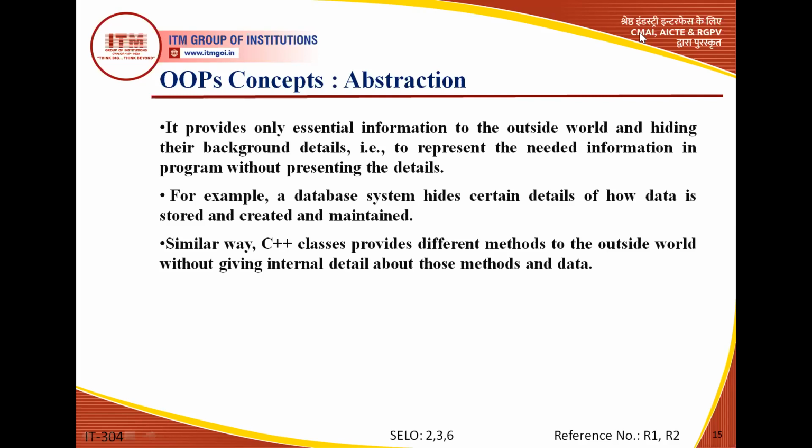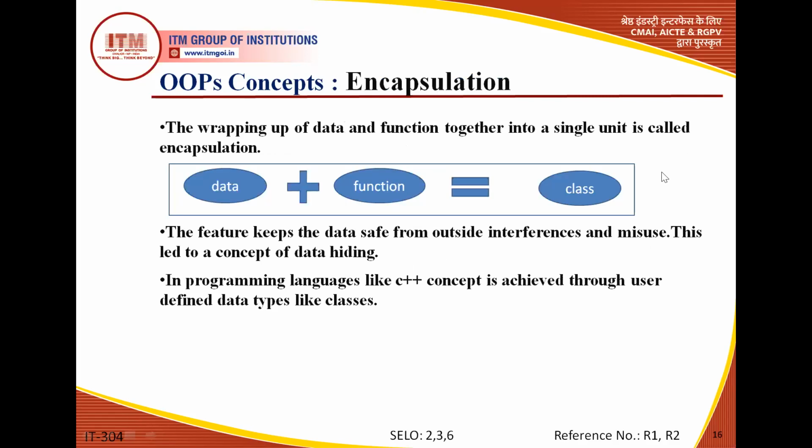Okay, so in C++, or in object-oriented programming, how are these things happening? They simply provide different methods to the outside world, rather than providing the data which they are hiding inside the classes. Okay, so this is the concept of OOP abstraction. Now come to the next concept, which is called encapsulation.